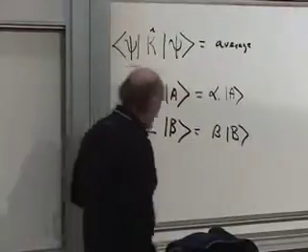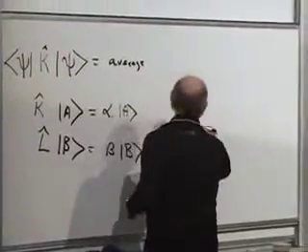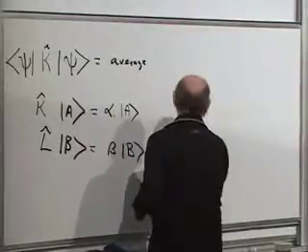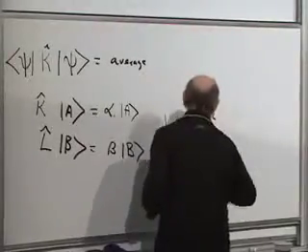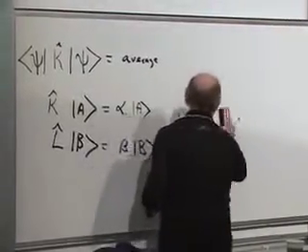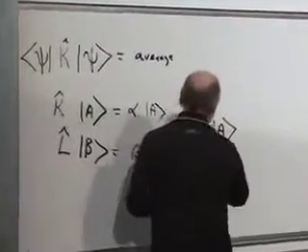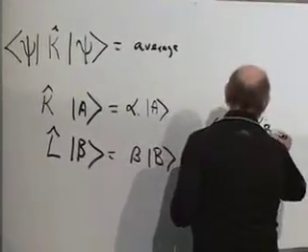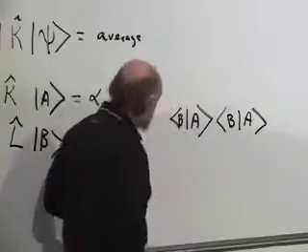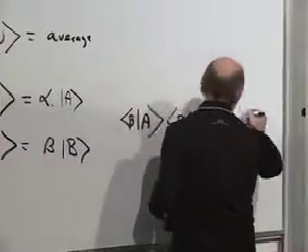The answer is the inner product of A with B squared. Or another way to write it is times its complex conjugate, which we can write as B times A. That's equal to two things, in fact.